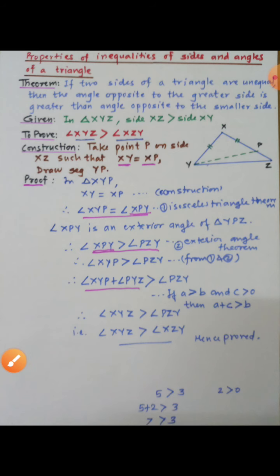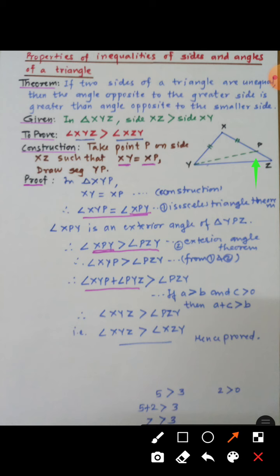Construction: take a point P on side XZ such that XY is equal to XP, and draw segment YP. Segment YP is drawn.